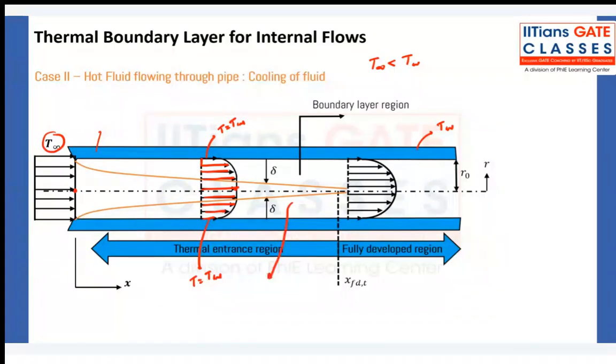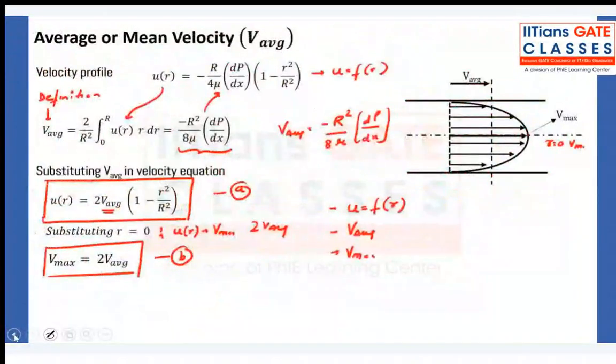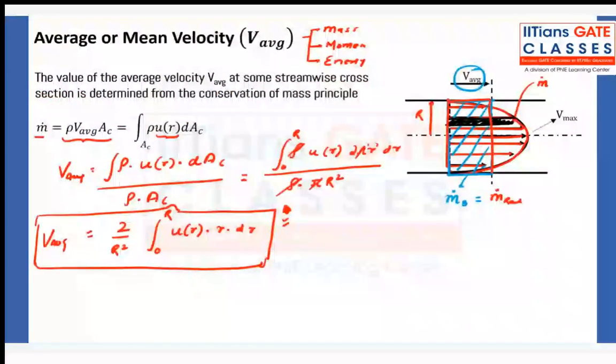Also, you see when we draw our hydrodynamic layer, how was the profile. This is the profile. Here U is equal to 0, here U is equal to 0, right?